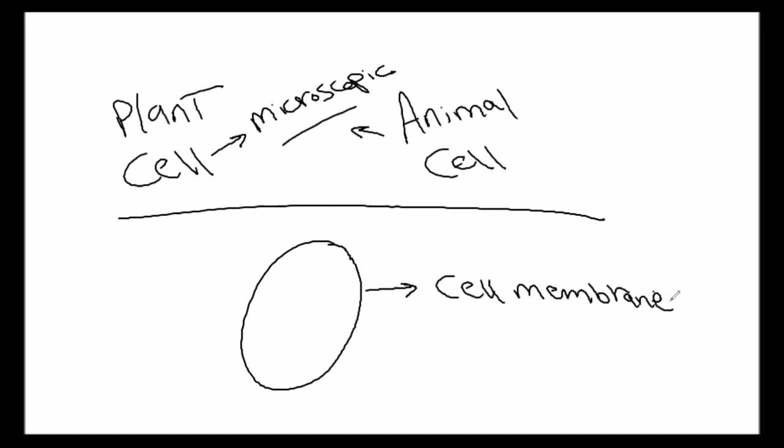Cell membrane means a coverage that surrounds the whole cell, like the classroom walls. Classroom walls, we can consider them cell membrane. It keeps everything inside the cell, okay? And it also controls what goes in and out of the cell, okay? So it's like a door also.